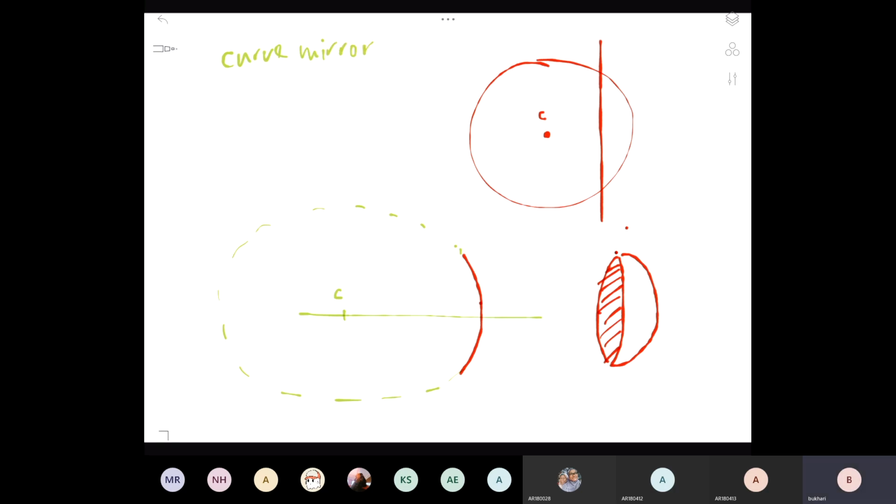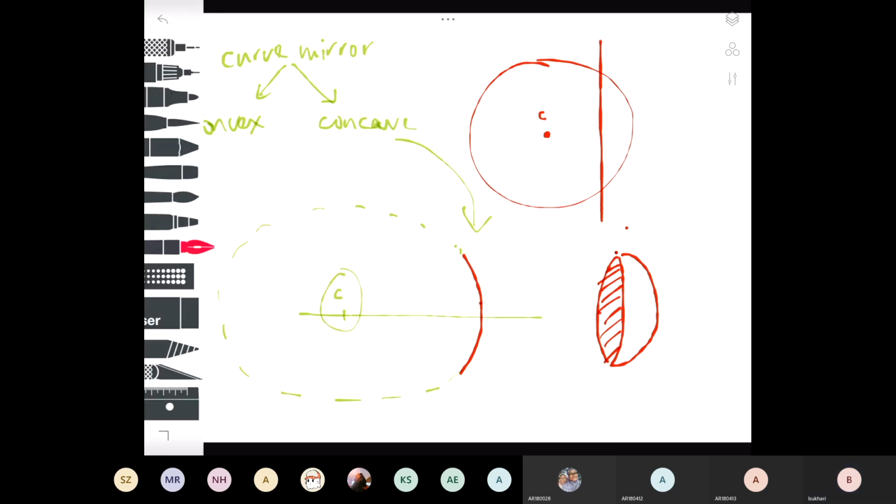There are two types of curved mirror, convex and concave. Concave mirror. Okay, the one that we are discussing now is concave mirror. Okay, as I told you, we have center of the curvature. We call this center of curvature. This is center of the sphere, but we have only curve here, so we call this center of curvature.